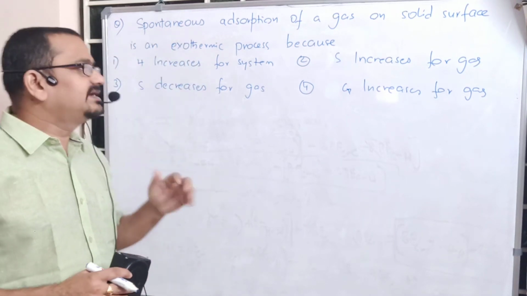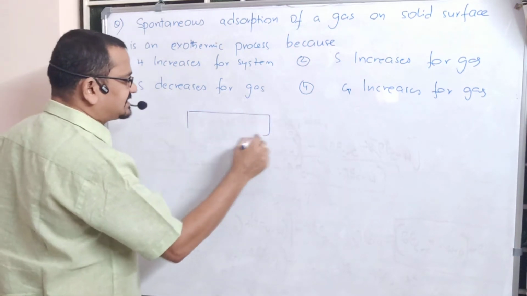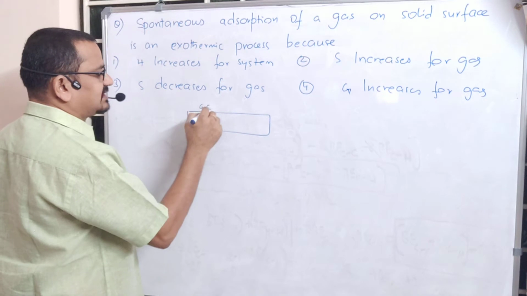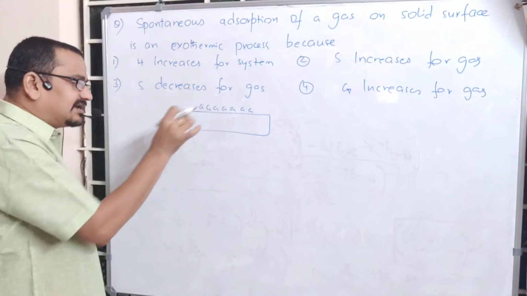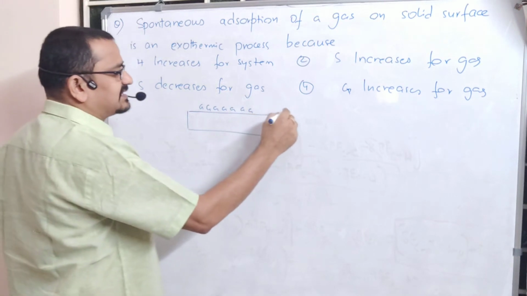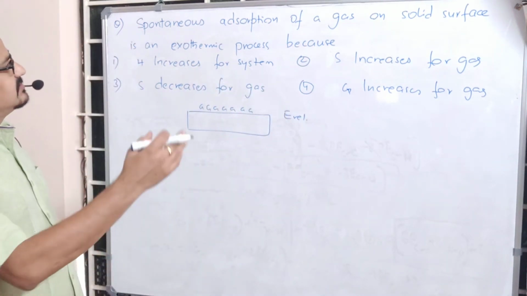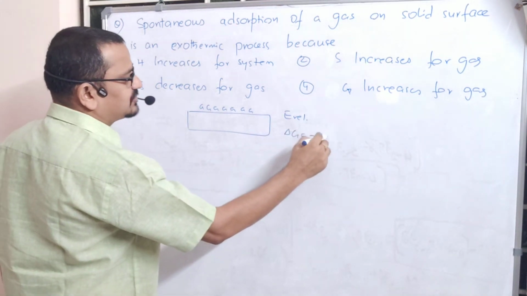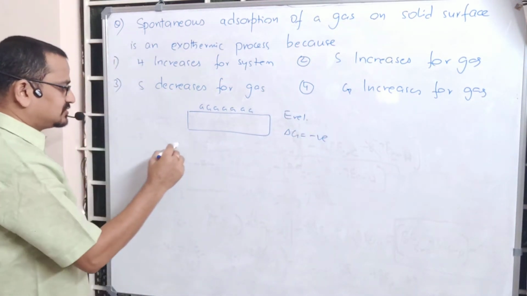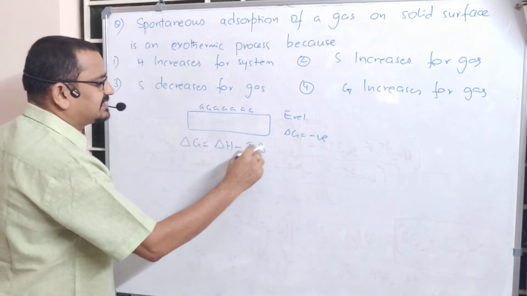Why is it exothermic? On the solid surface, when gas particles get adhered and accumulated, energy release takes place. Then, for the reaction to be spontaneous, delta G finally should be negative. We studied that. So what's the relation? Delta G equals delta H minus T delta S.